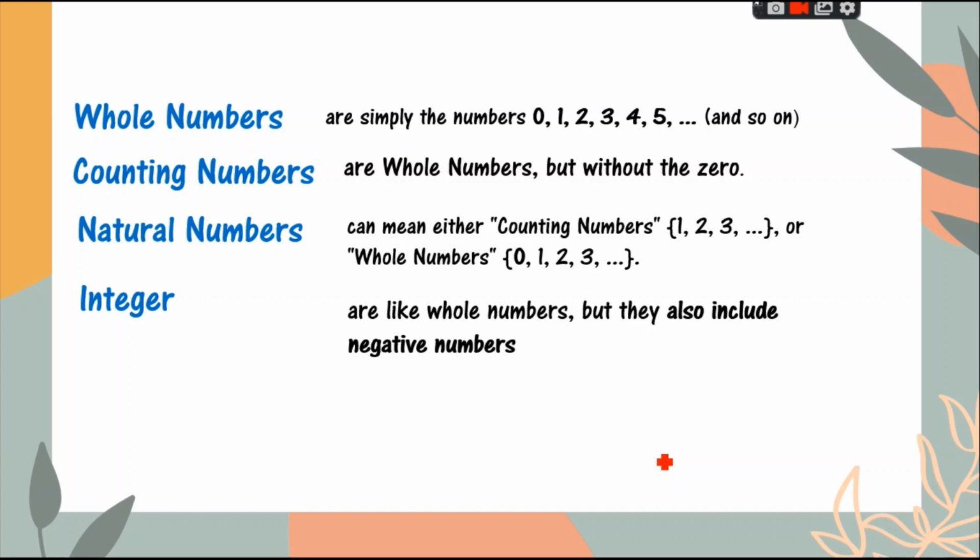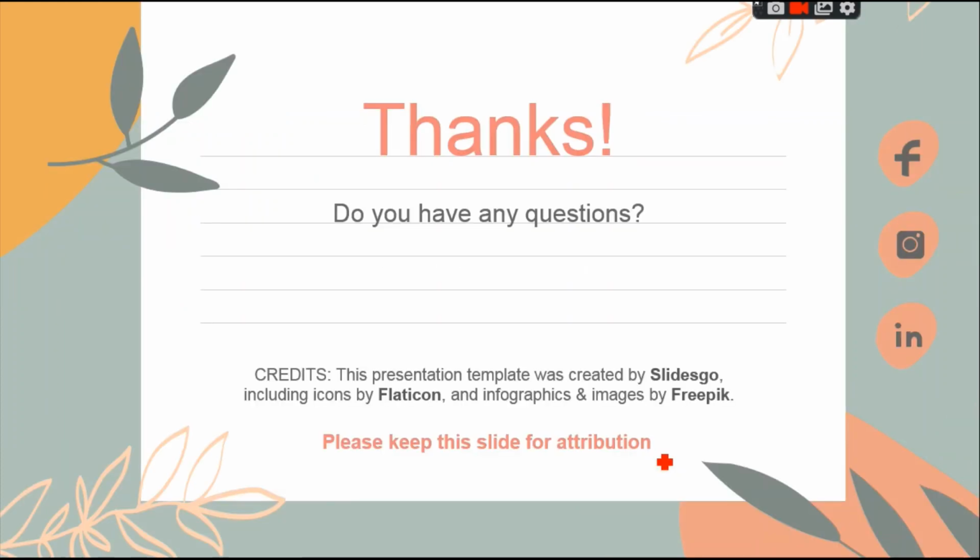Counting numbers are whole numbers, but without 0. Natural numbers are either counting numbers or whole numbers. And integers are whole numbers, but they also include negative numbers.